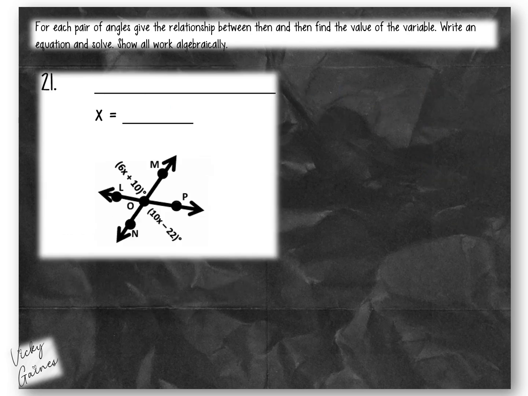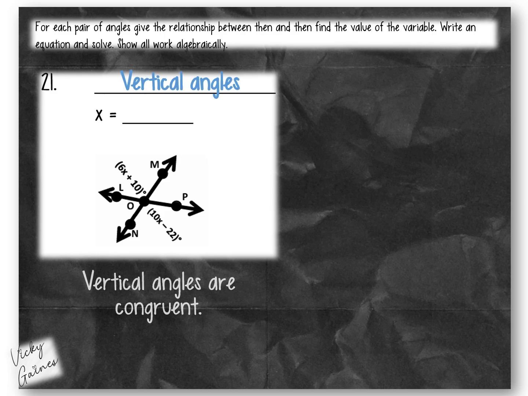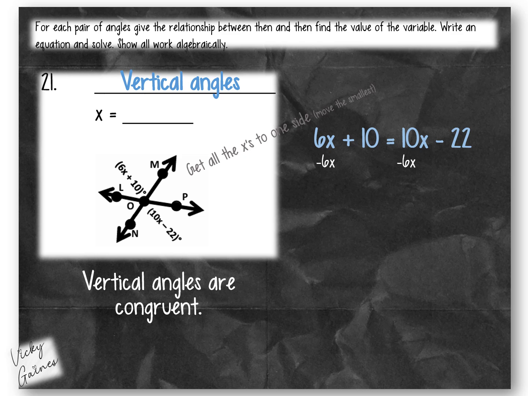Number 21, same directions. This time these are vertical angles. Vertical angles are congruent to each other, so set them equal to each other. 6x plus 10 equals 10x minus 22. Move the x's to the same side, move the smallest one. So we're going to subtract 6x on both sides.